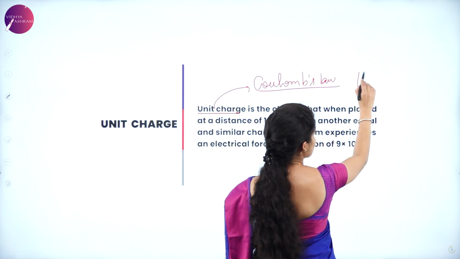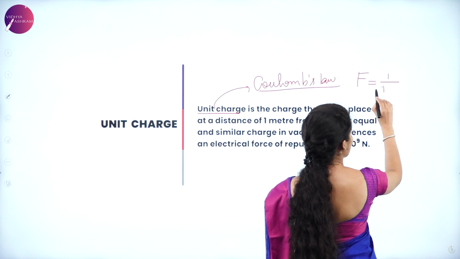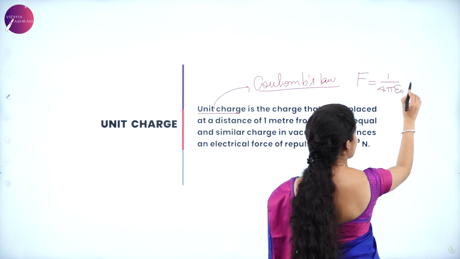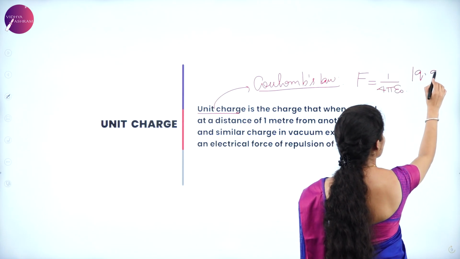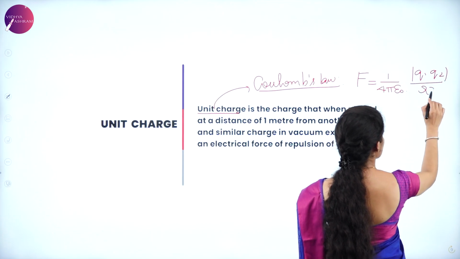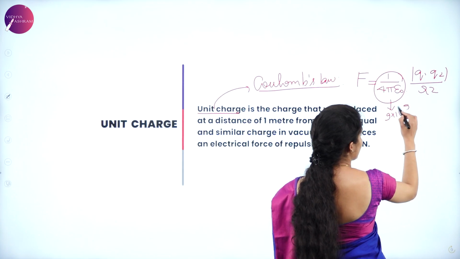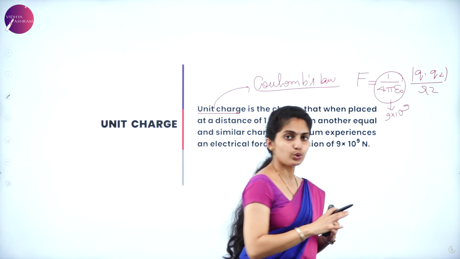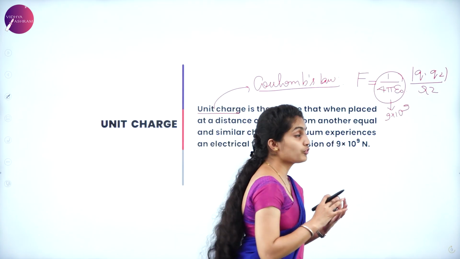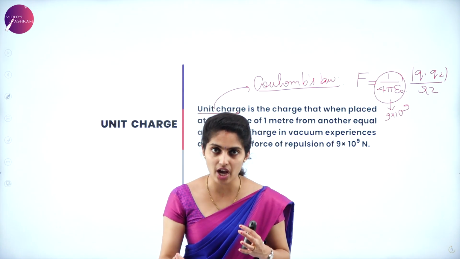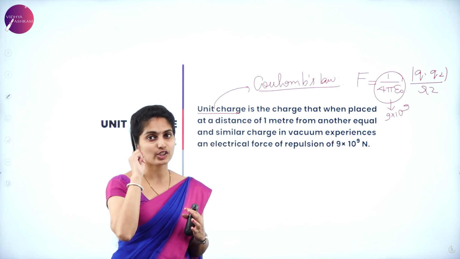So what is Coulomb's law? F is equal to 1 by 4 pi epsilon naught, that is the expression, Q1 Q2 by R square. We know the value for this, that is 9 into 10 raised to 9, and we don't know the value for Q1, Q2 and R square. So we are talking about unit charge. That means the charge is said to be 1.